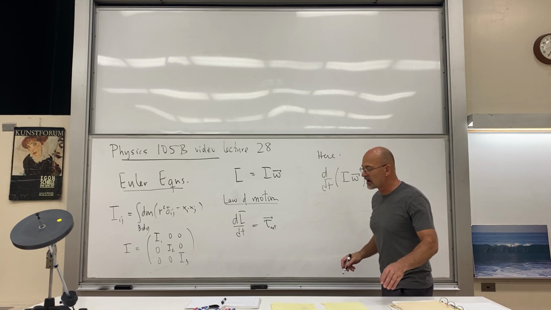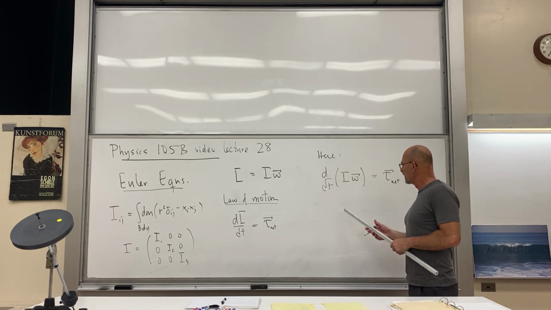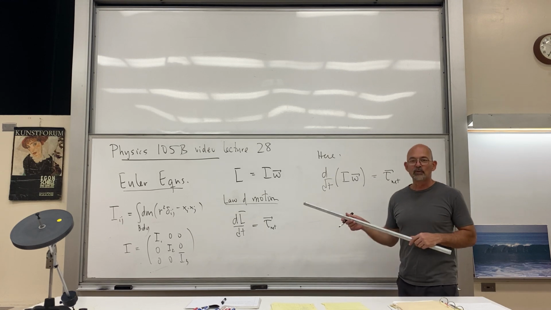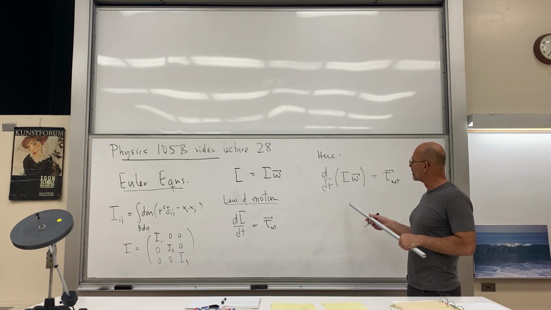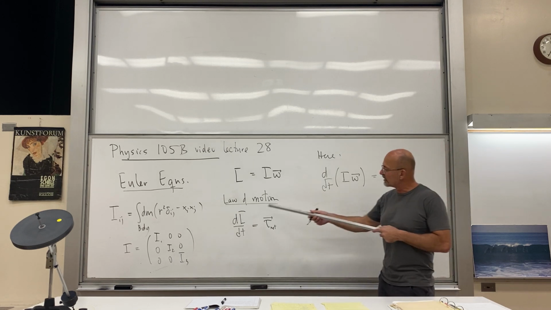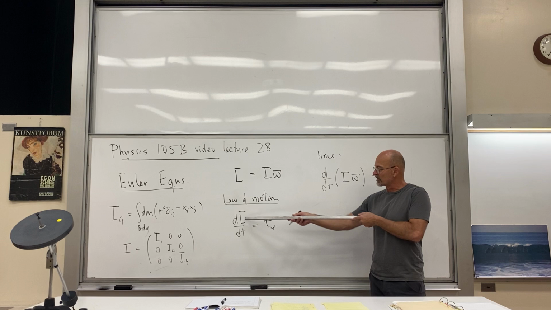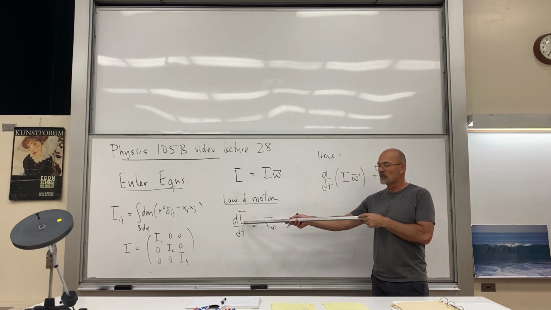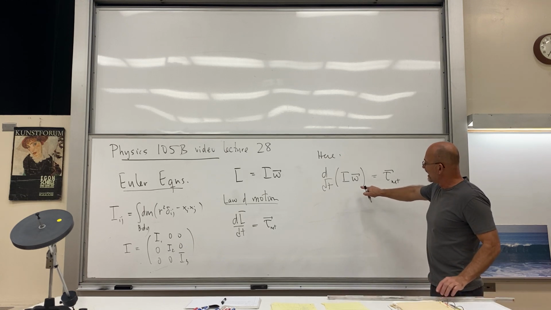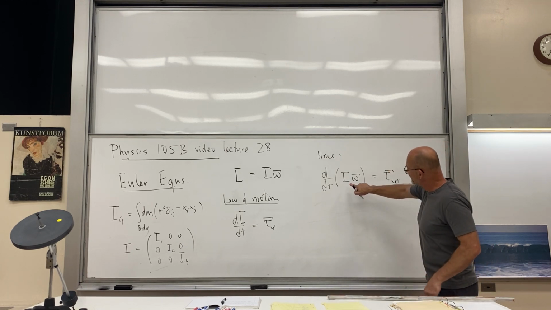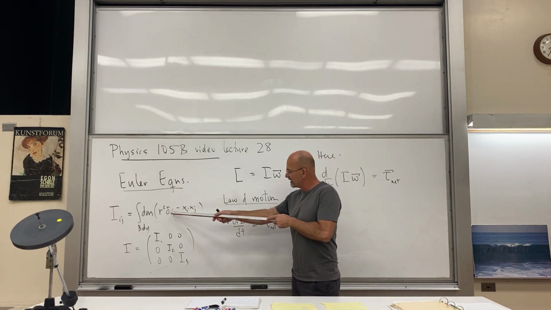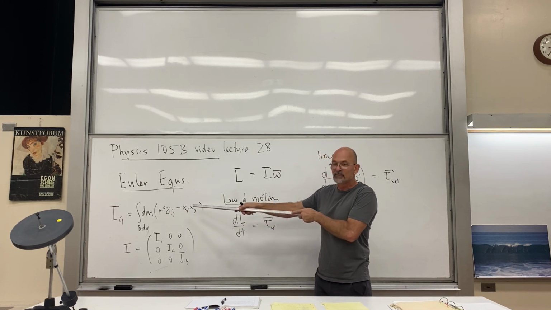And here's where the real problem would begin. Omega was introduced because it characterizes the rotation of the body as a whole. So the concept of the angular velocity was not the problem. And so at this stage we thought, okay, this is not so bad with three components. But now we're looking at the fact that I, in the inertial frame, is a function of all these masses and their positions.